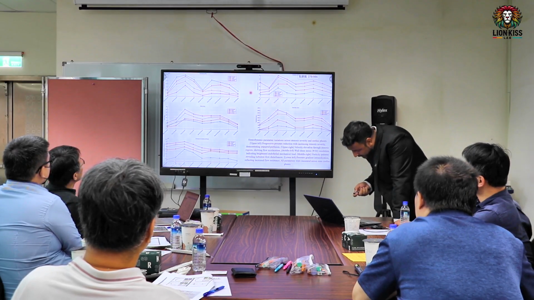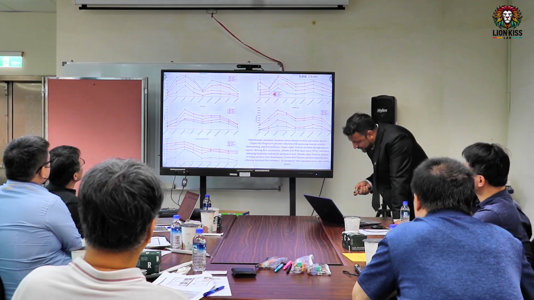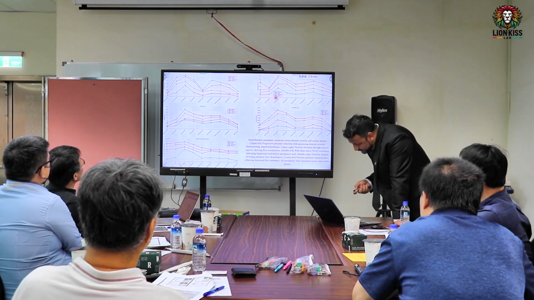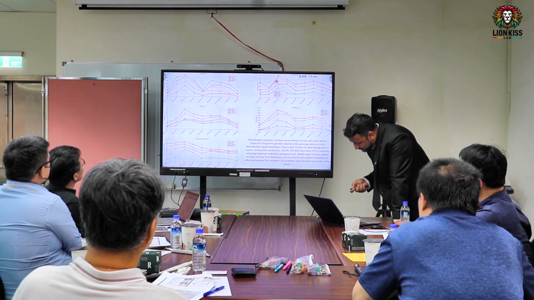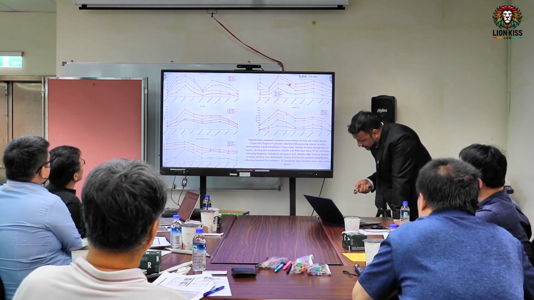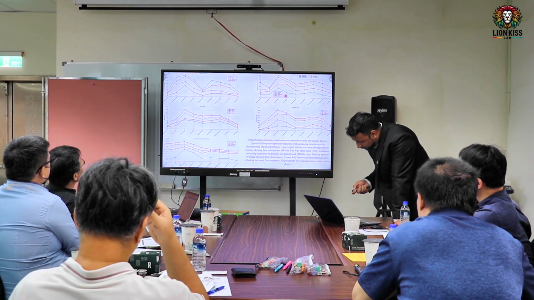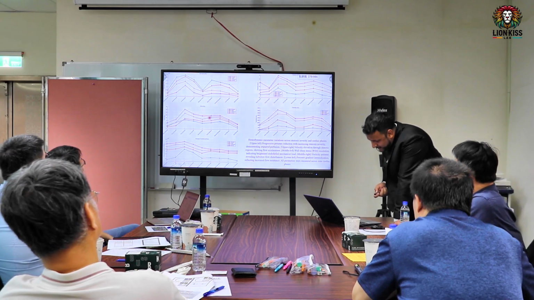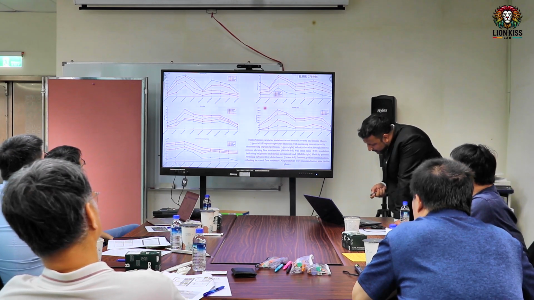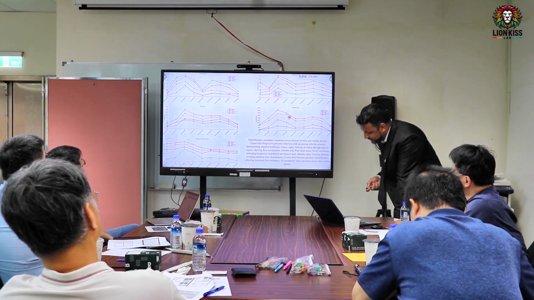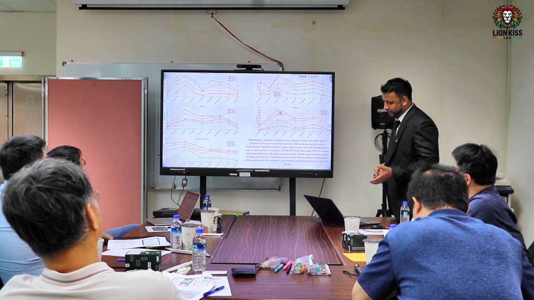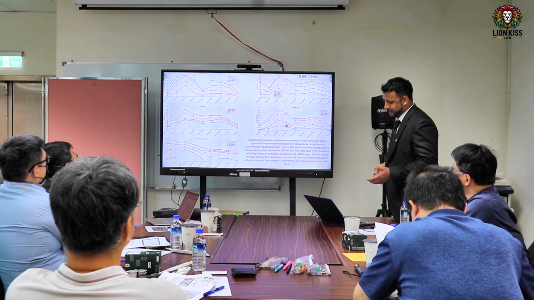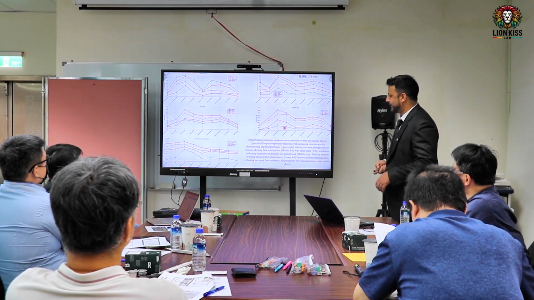But when we see the velocity, in the severe case the velocity is very high, then moderate, and the velocity is very low in the normal case. The wall shear stress, pressure gradient, and vorticity also show the highest values in the severe case, then moderate, then mild, and then the normal case.